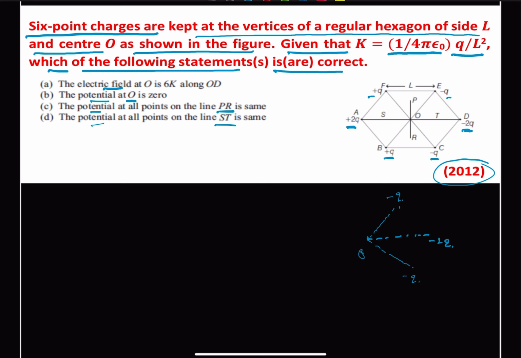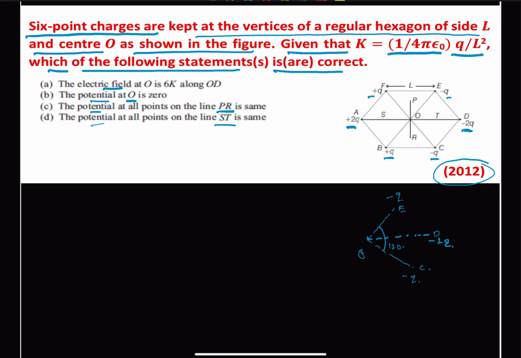This is our E, this is our D, and this is our C, and the angle between E and C will be 120 degrees, and we can easily find it now.